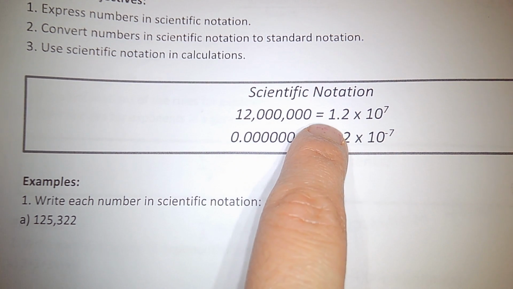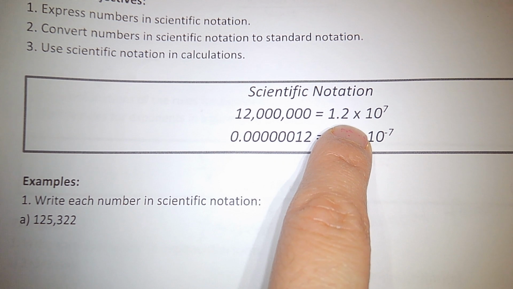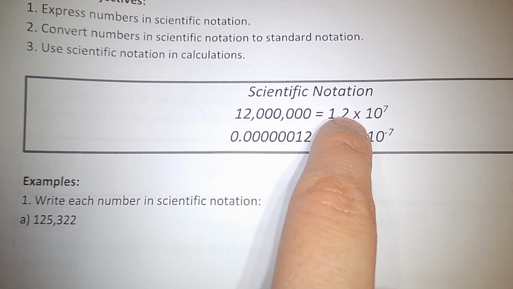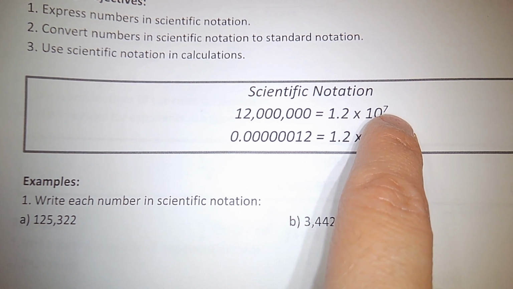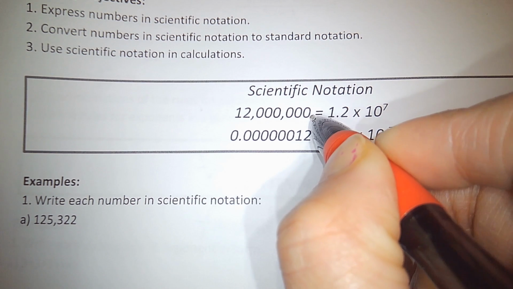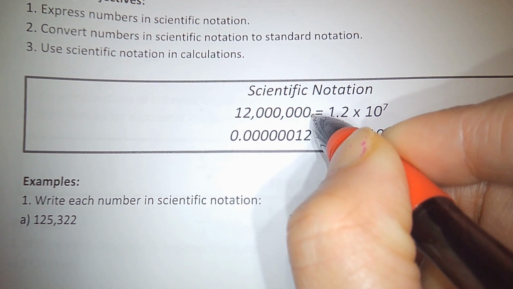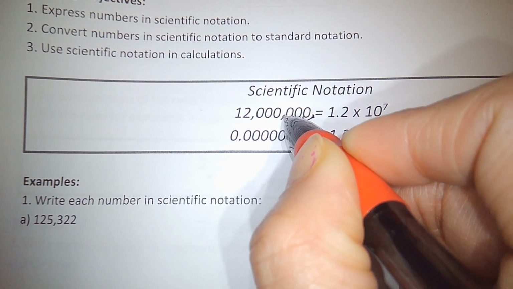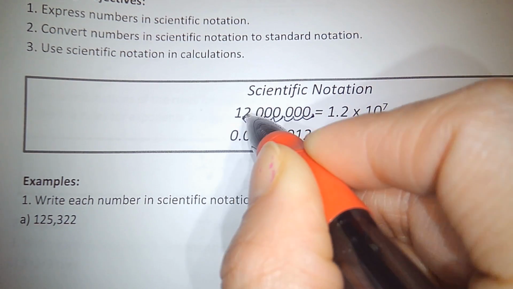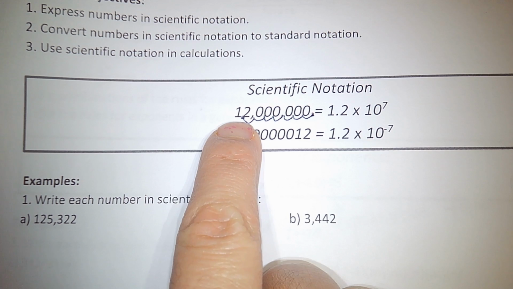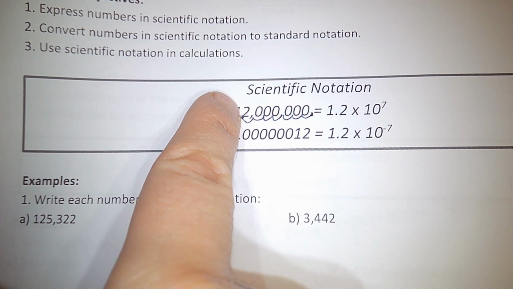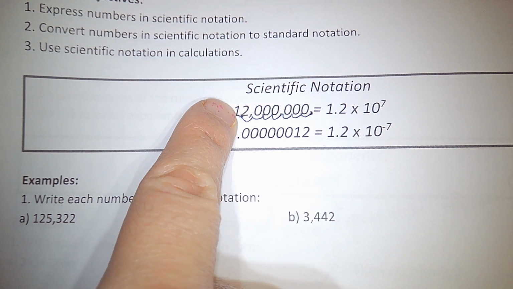12 million can be written as what? 1.2 times 10 to the 7th power. So that means the current decimal point is here. We move the decimal point to the left for 1, 2, 3, 4, 5, 6, 7 digits until the decimal point is to the right of just one non-zero digit.